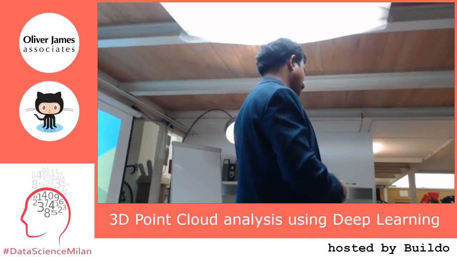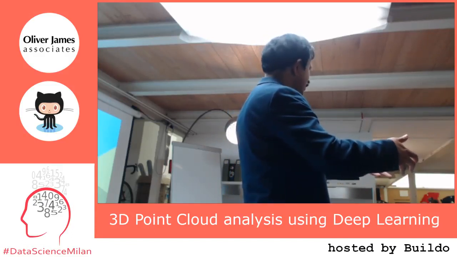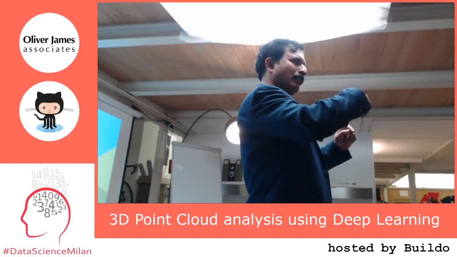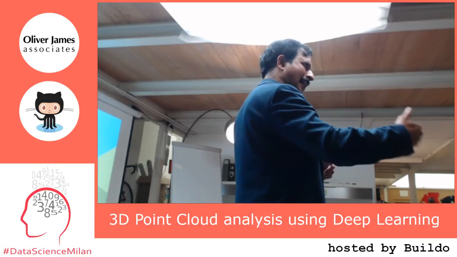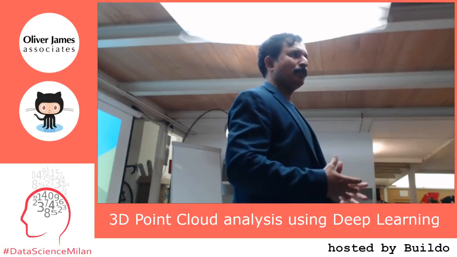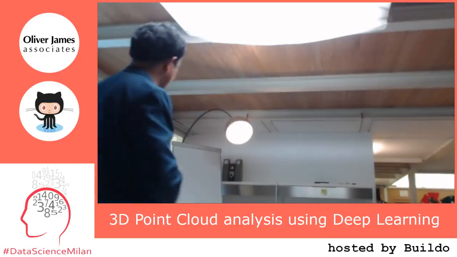And of course, scene flow: if you have a 2D video and want to find out the flow of action, that is also being worked on in 3D image processing. The scene flow is also being analyzed.